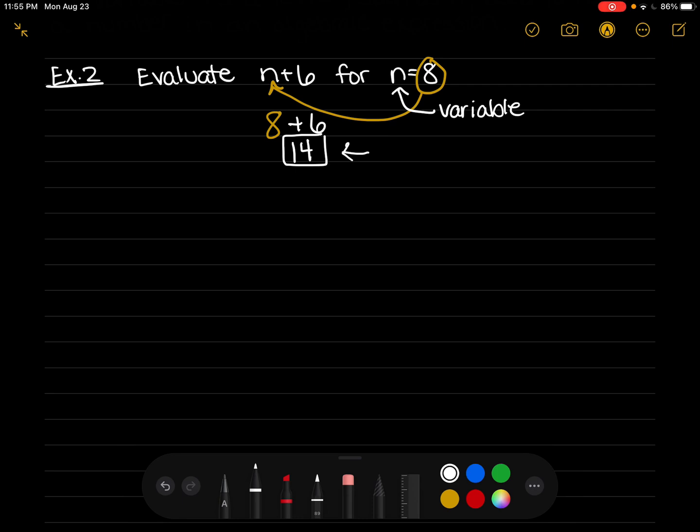So that letter is changing, or it can change. So let's do example 3. Example 3 says evaluate x minus y plus 7 for x equals 9 and y equals 3.